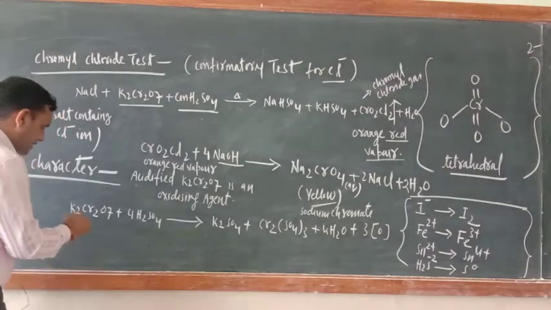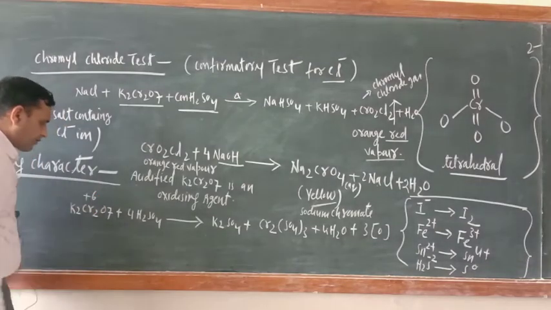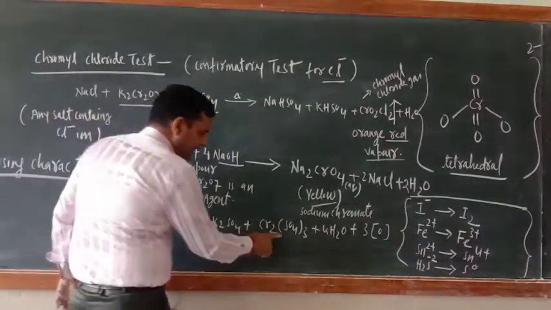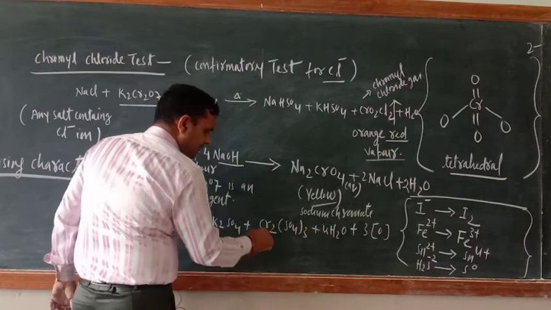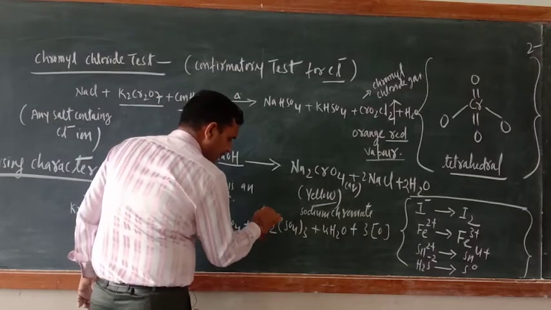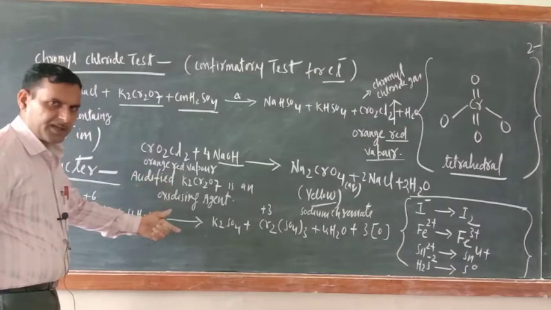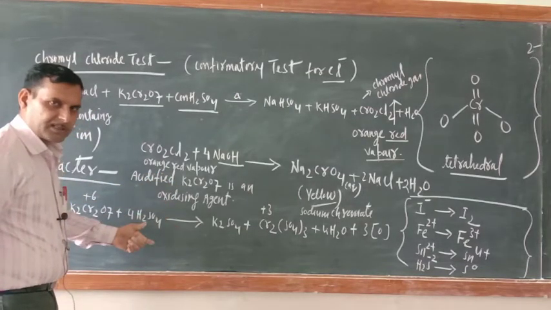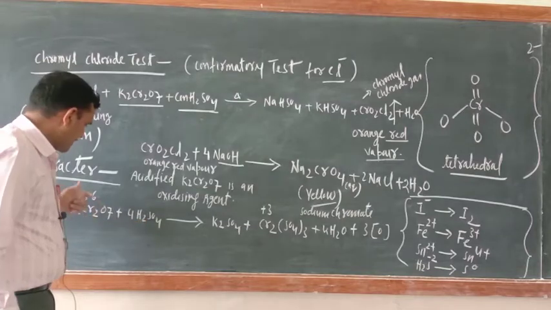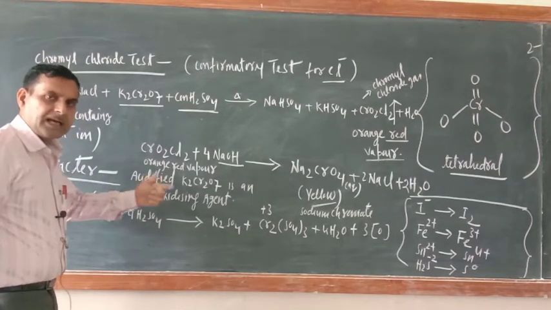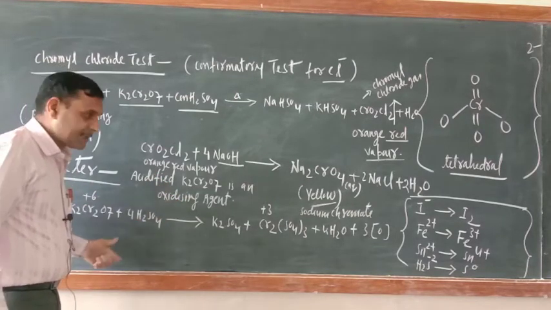Now just try to understand. Here the oxidation state of chromium is +6, and here the oxidation state of chromium is +3. So +6 to +3, it is undergoing reduction. Hence it is an oxidizing agent.